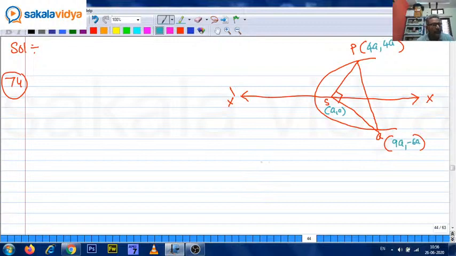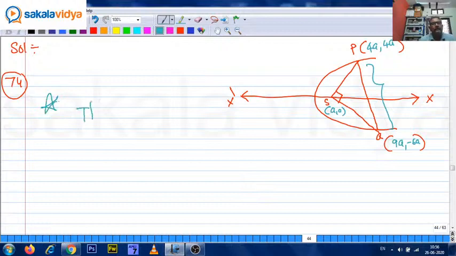If a normal subtends right angle at the focus of the parabola, then ends of the normal chord we need to remember: 4a comma 4a, 9a comma minus 6a. Distance between these 2 points we need to find out. Write down important point.